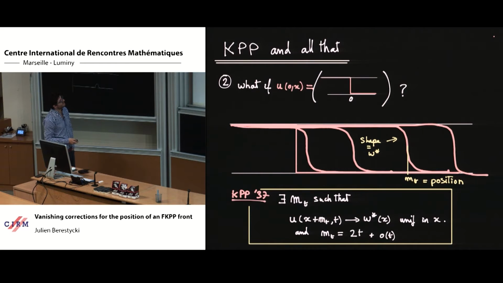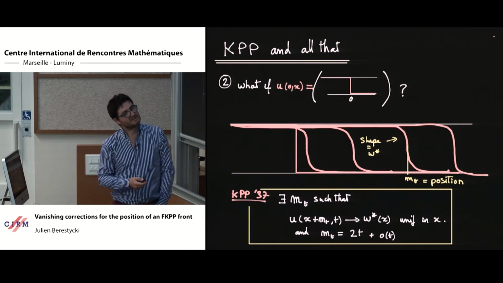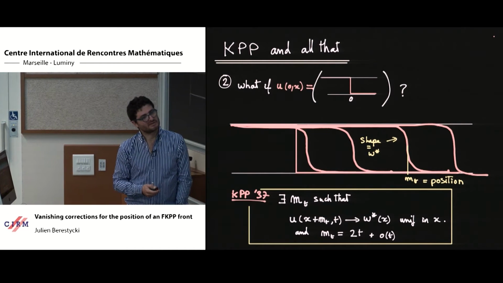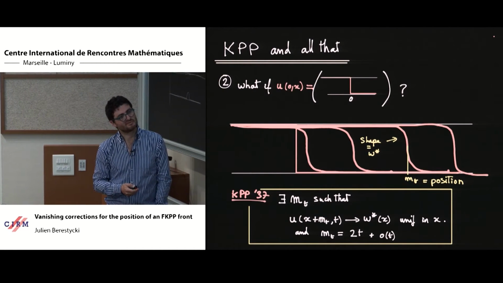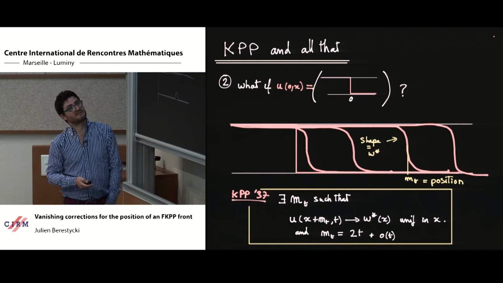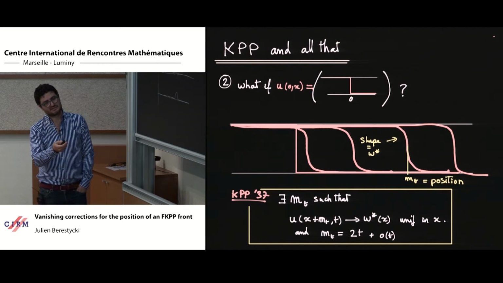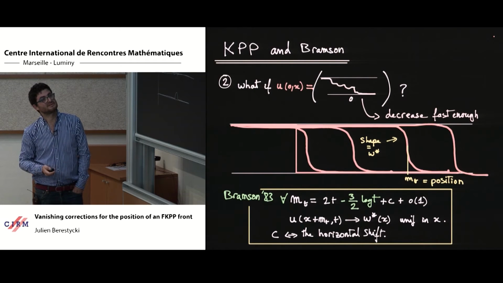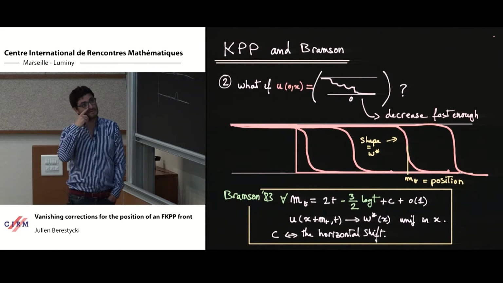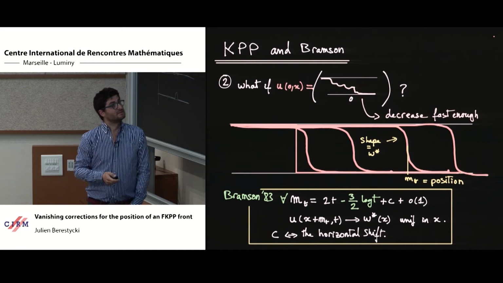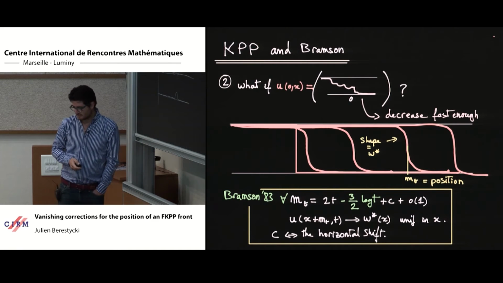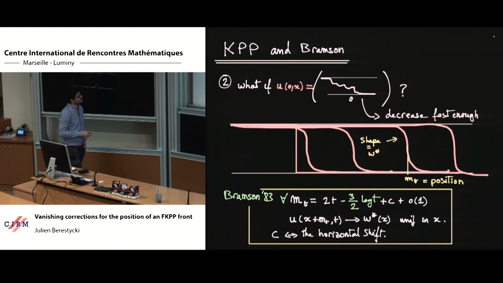Okay? And that was that for a long time, but you may wonder, what is this small o of t here? So first of all, I think this is a particularly striking result. I mean, it's very interesting. I'm going to tell you what it means probabilistically in a moment. So in the early 80s, end of the 70s, Bramson came and he actually managed to compute the size of this correction term.